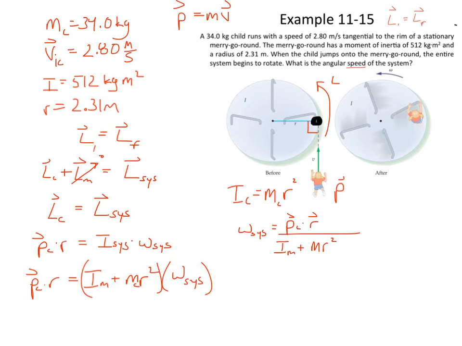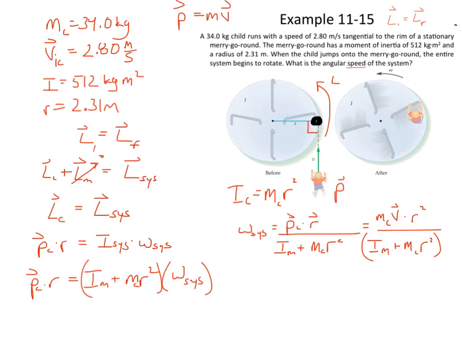Oops, I should be more specific: mass of the child times radius squared. We know that the linear momentum of the child is mv, right? So it's mass of the child times velocity of the child times the radius, divided by the moment of inertia of the merry-go-round plus mass of the child times radius squared.